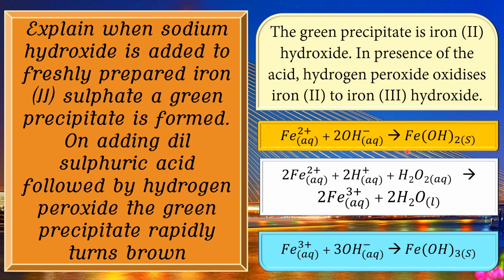And on this iron 2 hydroxide, we added dilute sulfuric acid followed by hydrogen peroxide. The hydrogen peroxide oxidized the iron 2, which is green, to iron 3, which is brown. Iron 3 reacted with the hydroxides to form iron 3 hydroxide, which is a solid, brown in color.